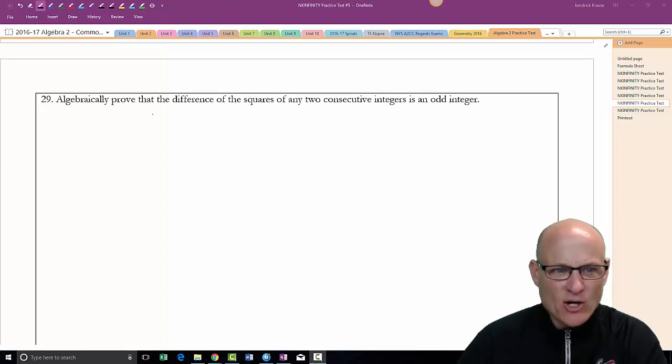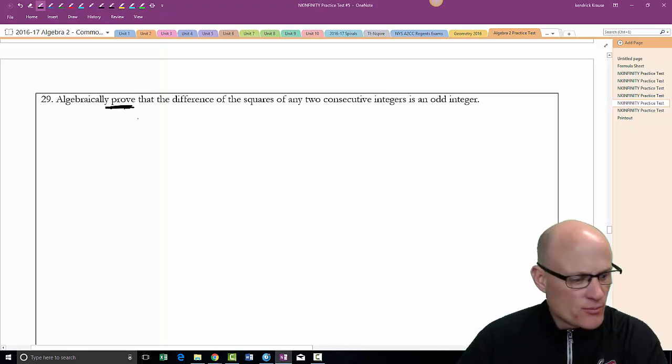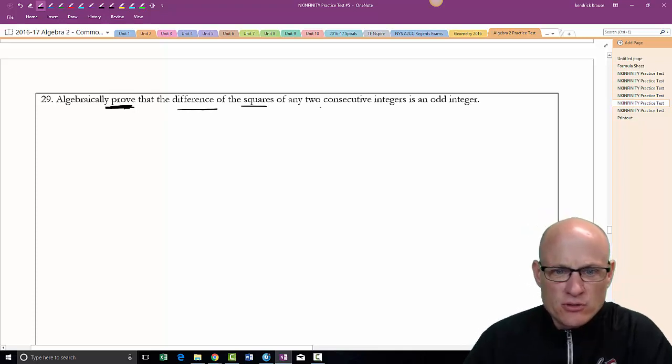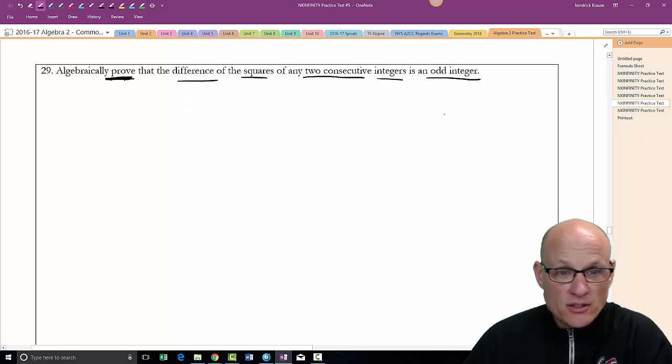Algebraically prove that the difference of the squares of any two consecutive integers is an odd integer. Wow. That's a brutal little question.